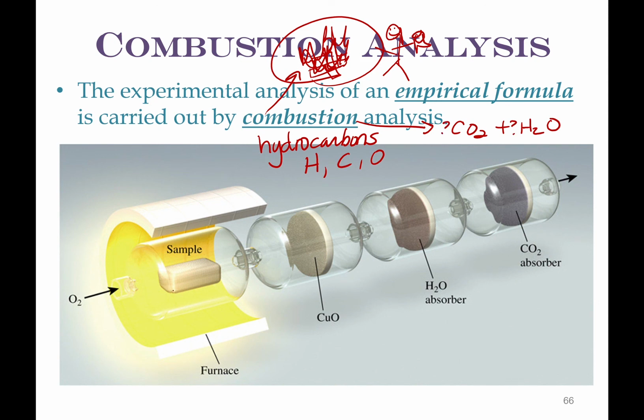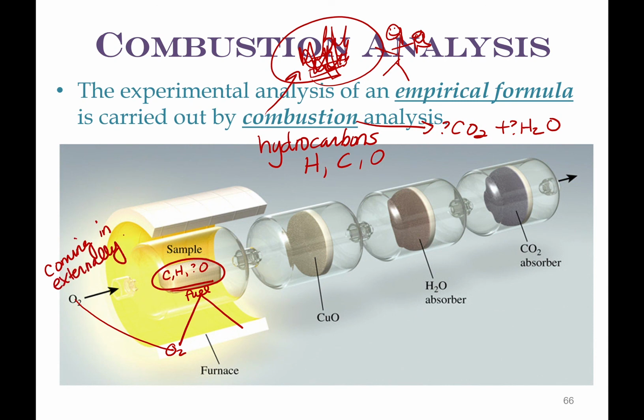So we have a sample. This is a carbon, hydrogen, and possibly oxygen sample. And we're going to put it into a furnace. And this is our fuel. So our fire triangle, we need oxygen. So oxygen is going to come in. This oxygen is coming in externally.